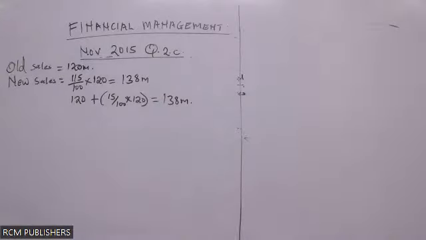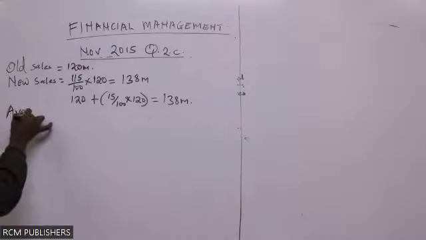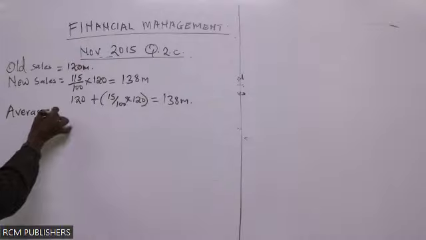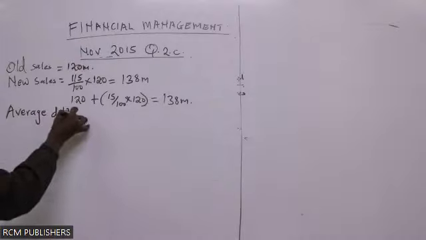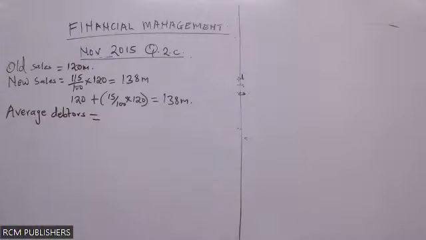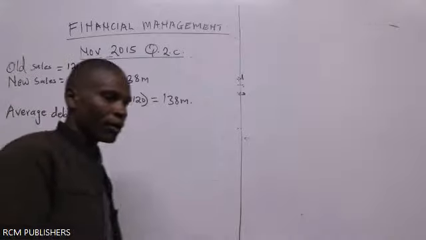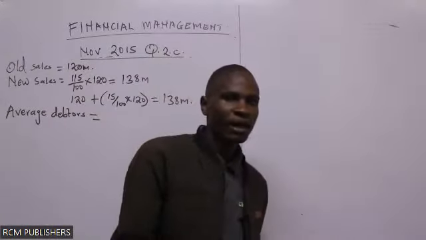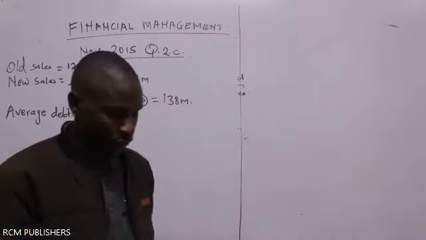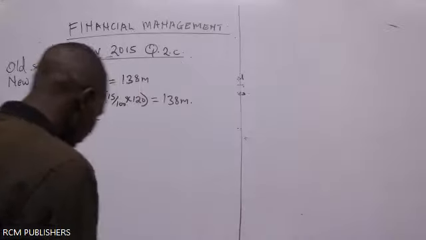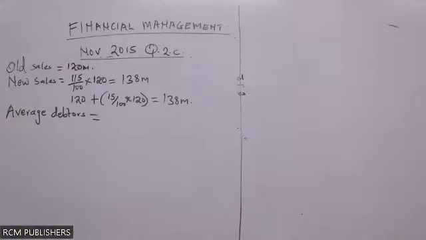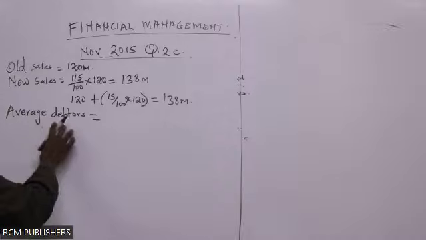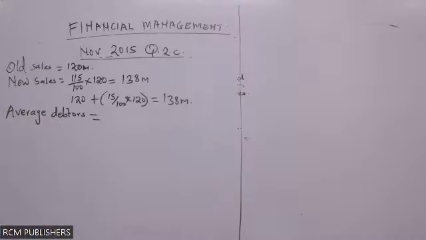Great. Now, if I have the new sale, I need to get the average debtors. Lazima kwanza nipate how is the average debtors. Judy, when we were analyzing the financial statement using ratios, we said that to get average debtors, we divide by the correction period.